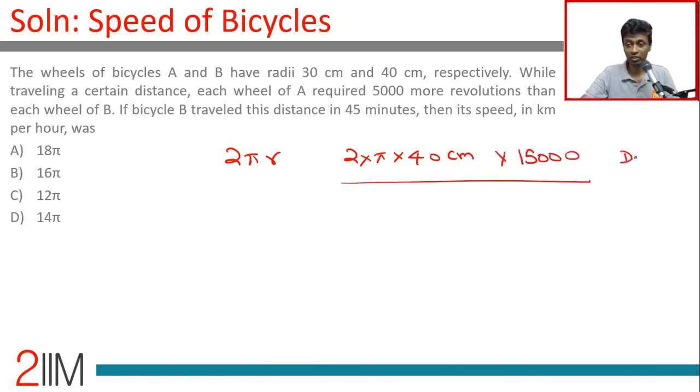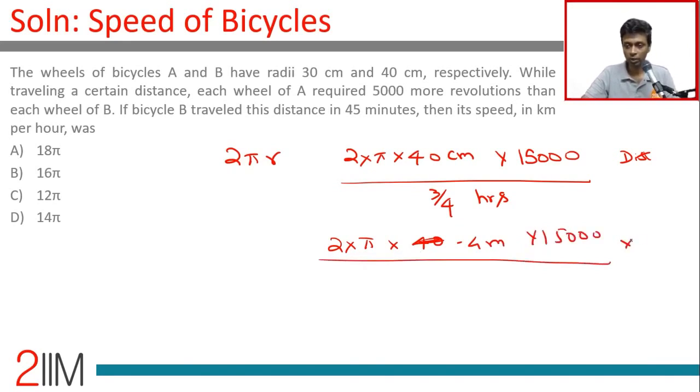This is a distance traveled. Time taken is 3/4 hours. And so, or 2 into pi into 40 centimeters. And so, or 0.4 meters into 15,000 into 4/3 kilometers per hour.